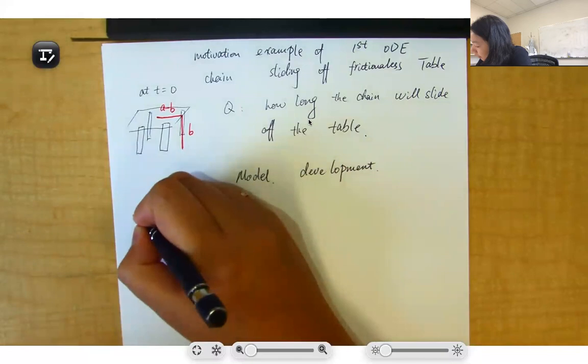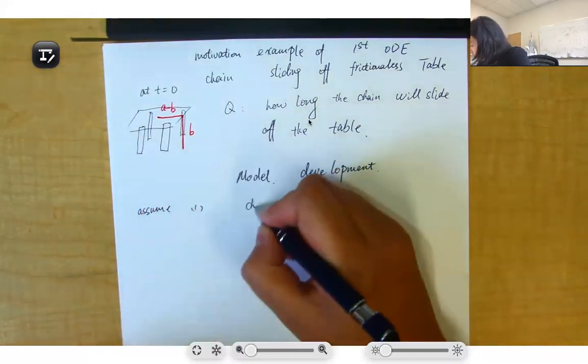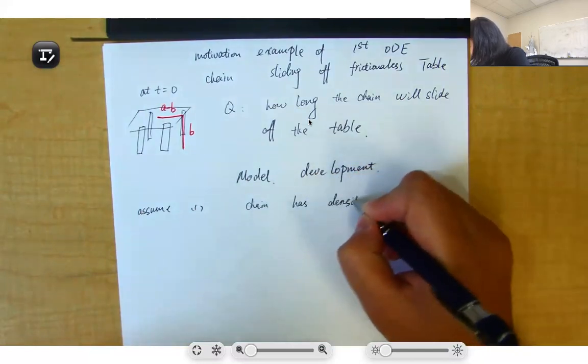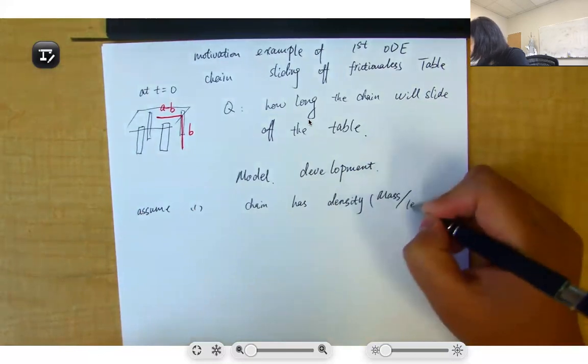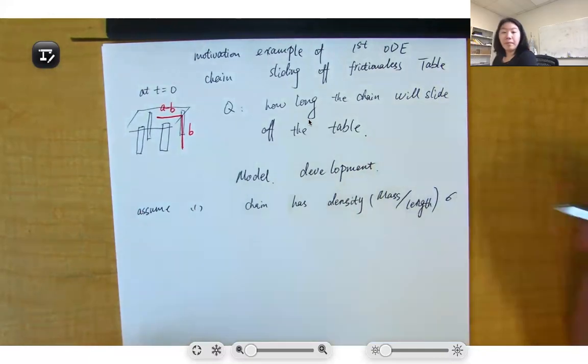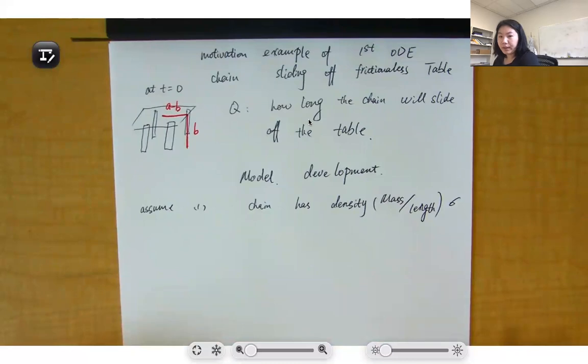We'll assume two things. Assume one, that the chain has the density, which is mass per length, is sigma. So we have our chain, the density is mass per length sigma.